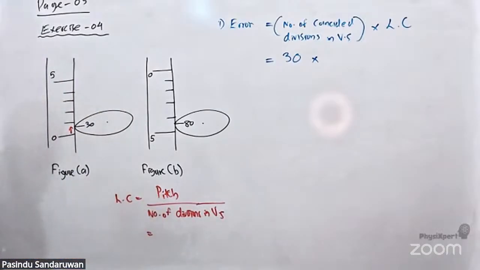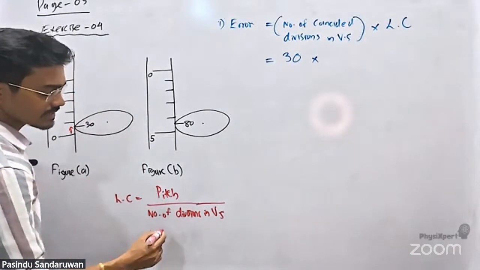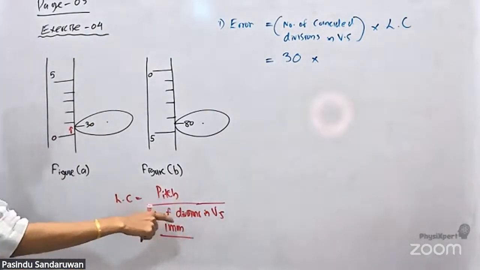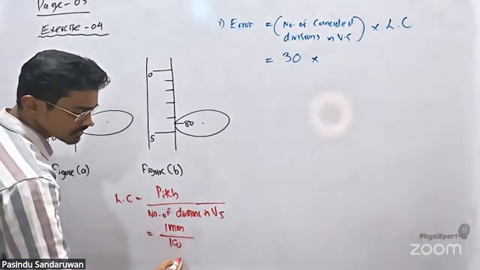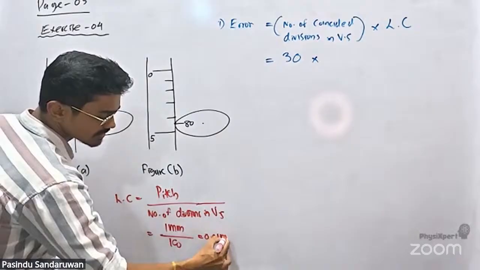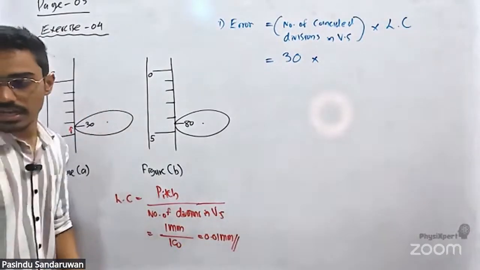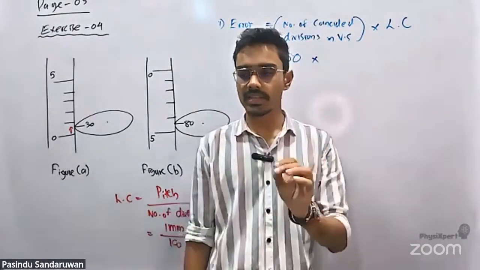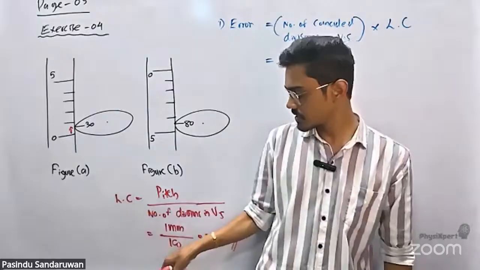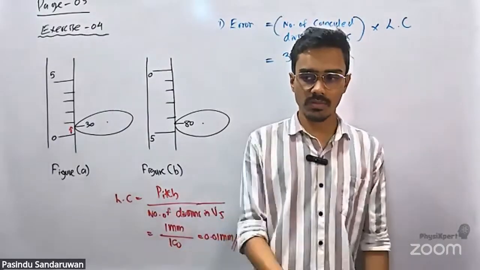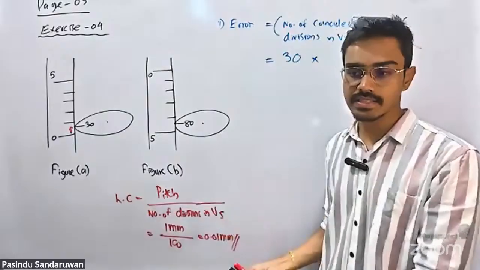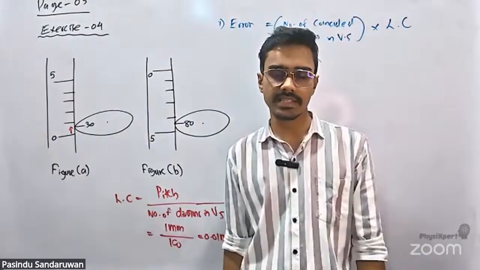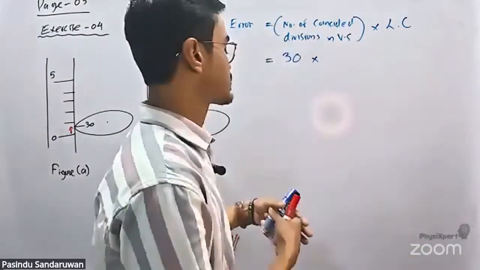The pitch of the instrument, we discussed last day, is 1 millimeter, and the number of divisions in the vernier scale is 100. So it gives us 0.01 millimeters. Therefore, the least count of a spherometer is 0.01 millimeters. That you can find like this, and since we discussed this last day, you can use this directly. That is totally fine.